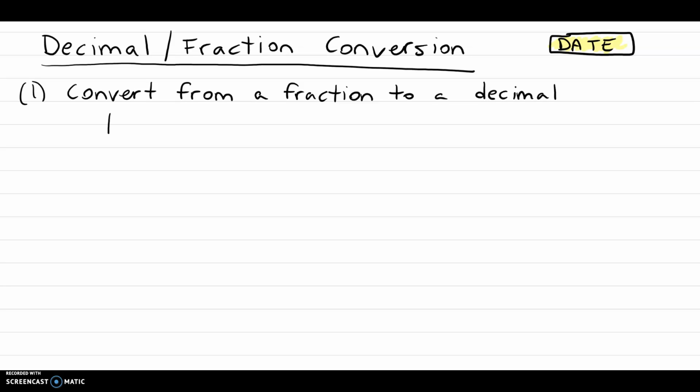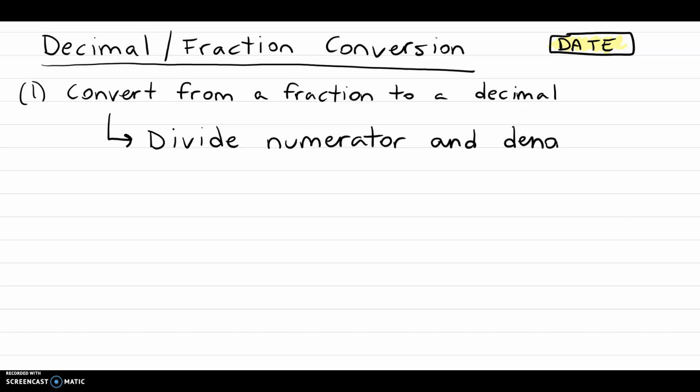So to do that, all you have to do is take the numerator divided by the denominator. That's going to create an equivalent number.